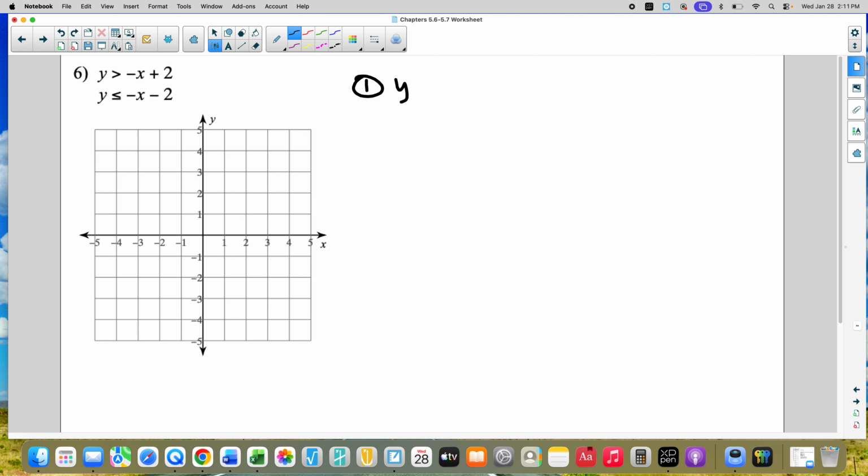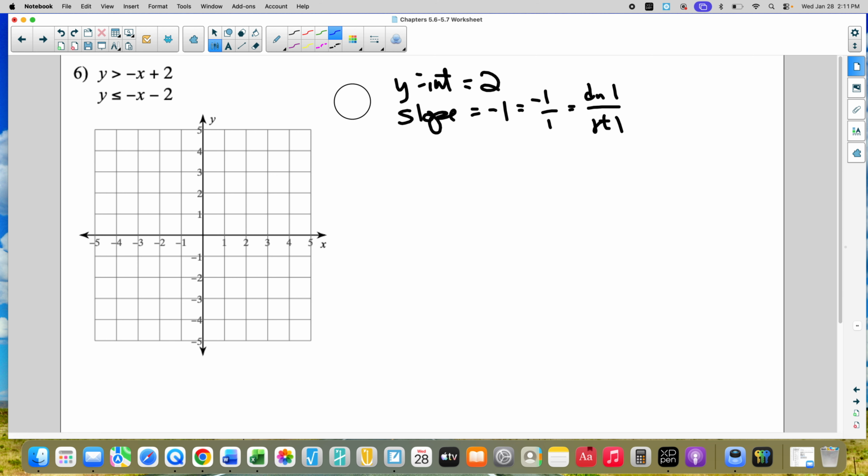I have a y-intercept of 2 and a slope of -1, which is -1/1, which is down 1, right 1. Let's make this in blue. Y-intercept of 2, open circle.